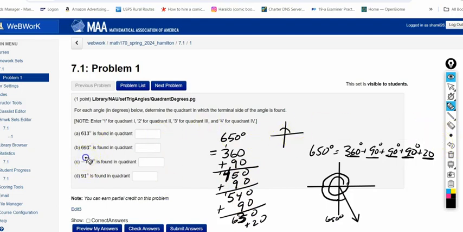Okay, so if it's negative, you have to go in the clockwise direction. So that would be negative 360, and then go a further 90 degrees in the negative direction, and so forth.